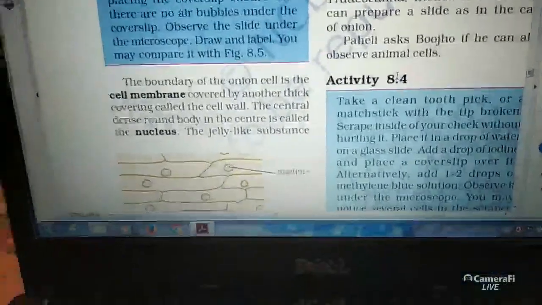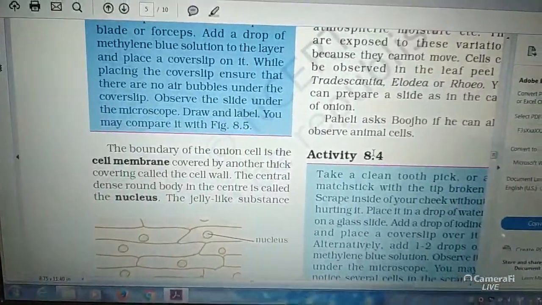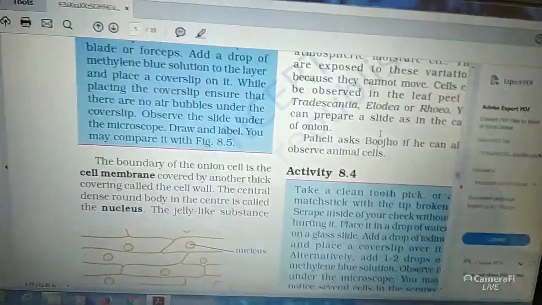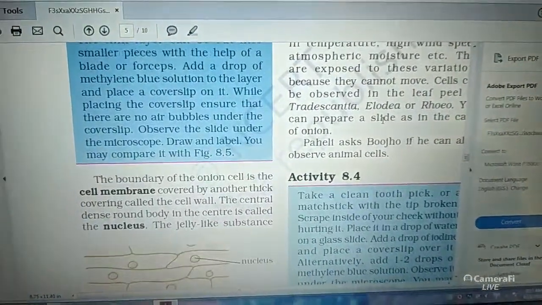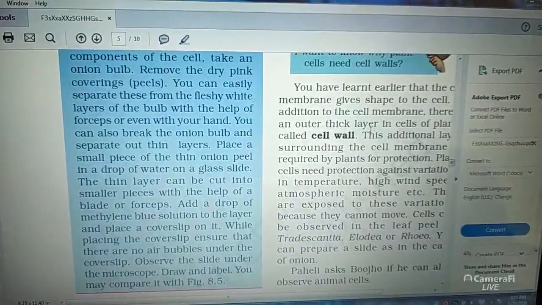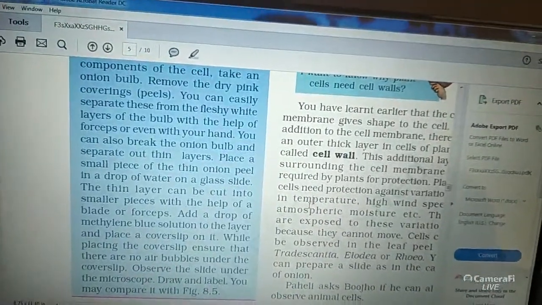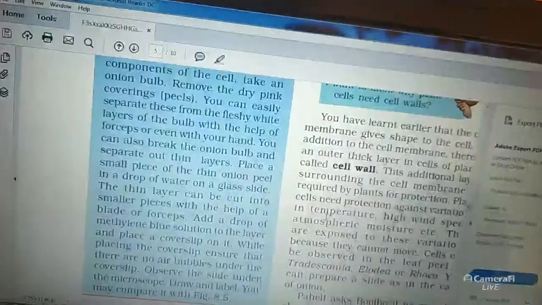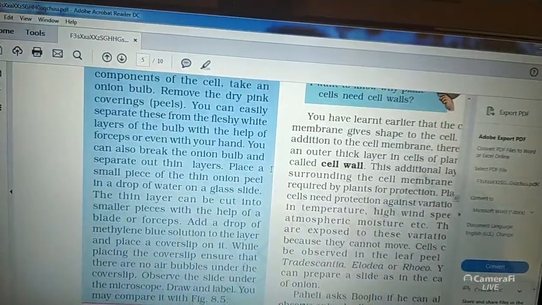Okay, students, we have just started the parts of the cell, and today I have told you about the cell wall and the cell membrane.